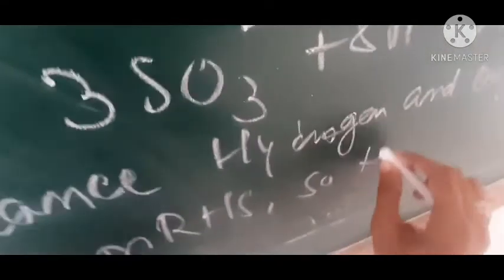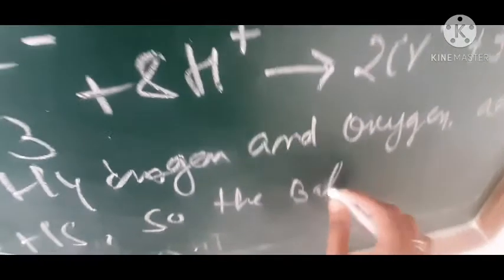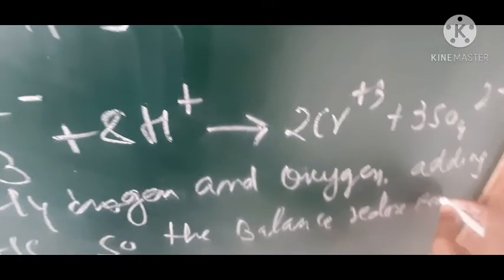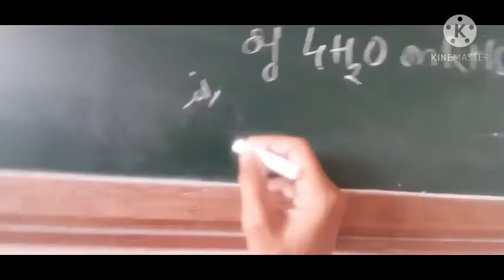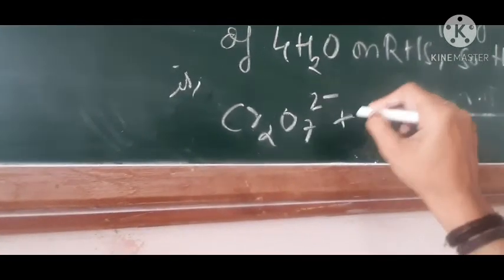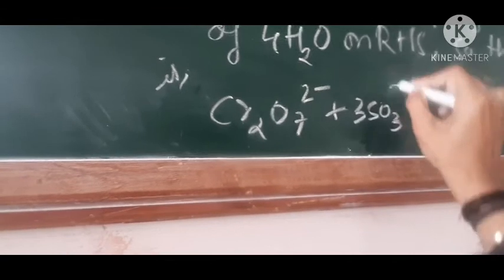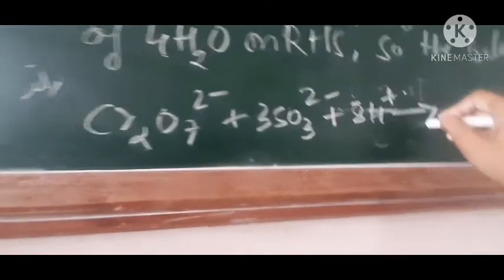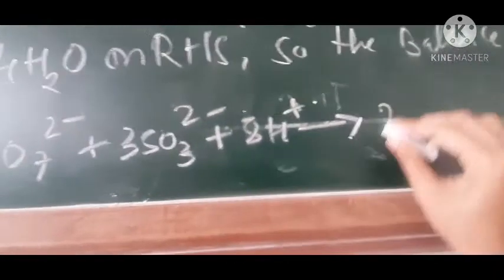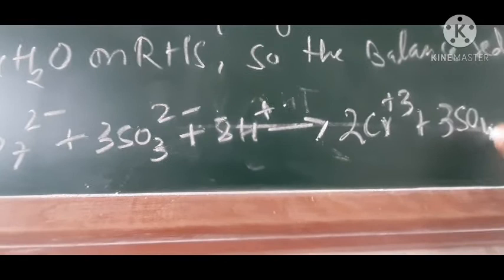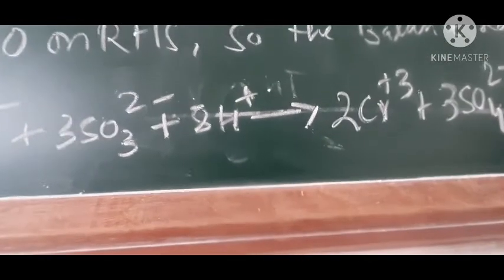So the balanced redox reaction is Cr2O7 minus 2 plus 3SO3 2 minus plus 8H plus, which gives 2 chromium ion plus 3 sulfate ion plus 4 molecules of water.